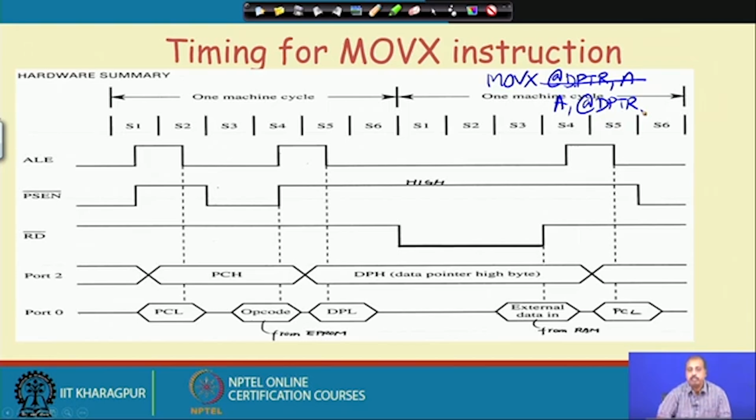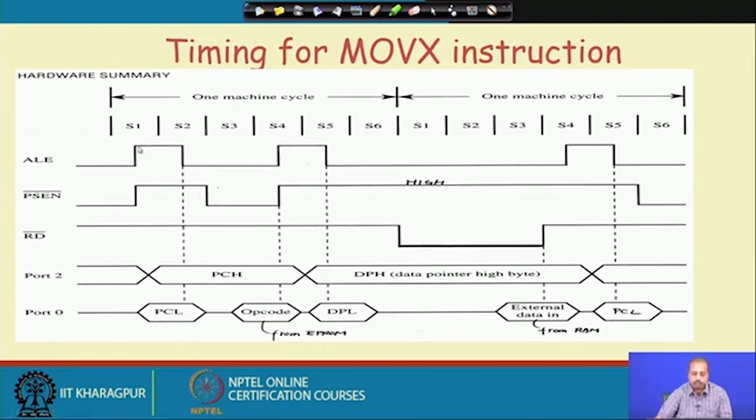For external data memory access, it uses the MOVX instruction. So, how does it operate? First it has to get the instruction from memory. Assuming that this instruction is in the external memory, this PSEN bar line is activated so that you get the opcode from the external ROM, the external EEPROM.